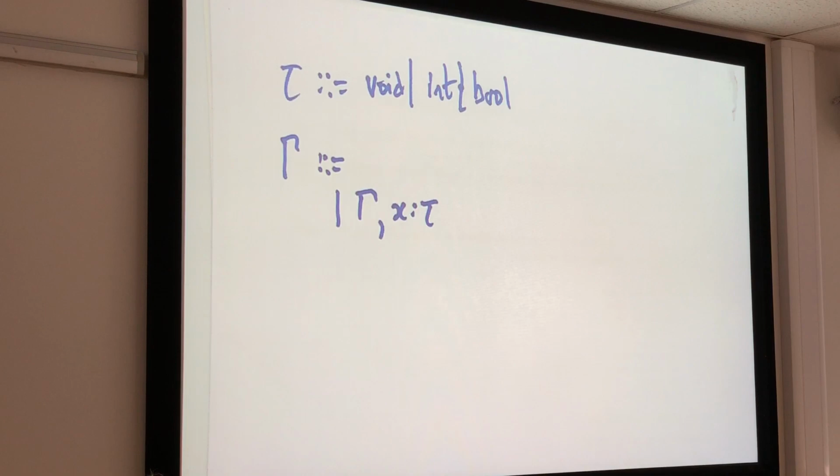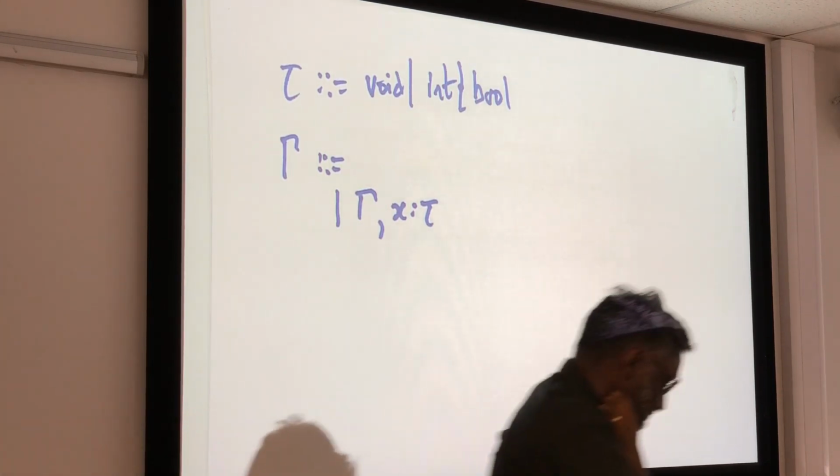Right. So context is just going to tell us which variables exist at all, which variables are in scope, and what their types are. And then we're going to have a judgment form whose job is to say what type of thing you can put into a variable.